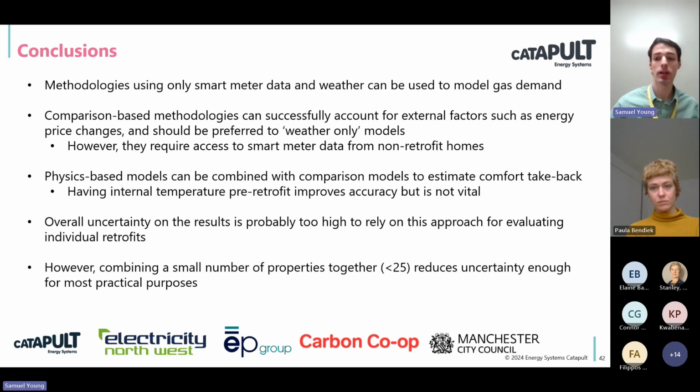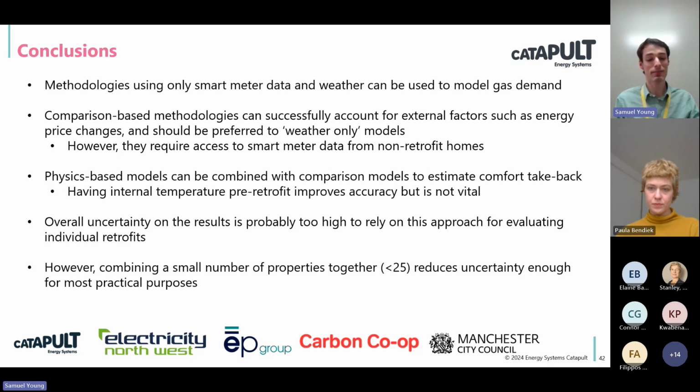Do you expect that the models developed are suitable to evaluate energy flexibility measures at the half-hour or hourly level too? Or is the use case specifically for energy efficiency retrofits only? There are two halves to the answer. The first is that we focused on gas, partly because gas doesn't require time of use, so you can model everything daily, which makes the model easier and lets you get to a better accuracy.